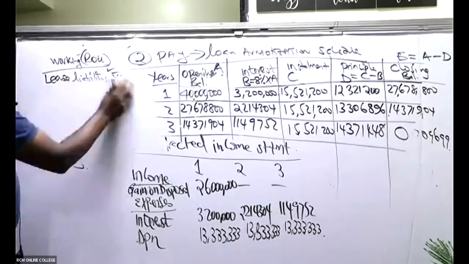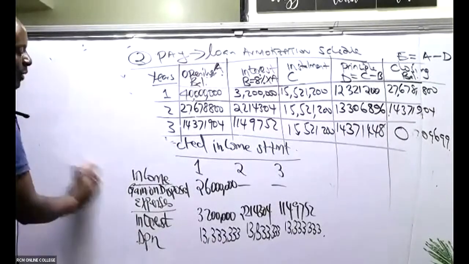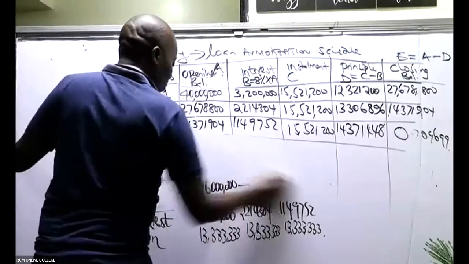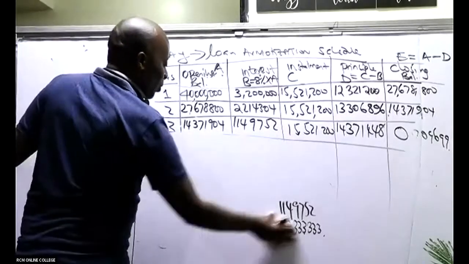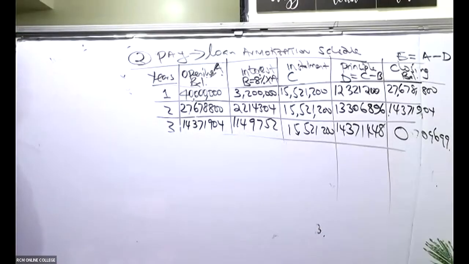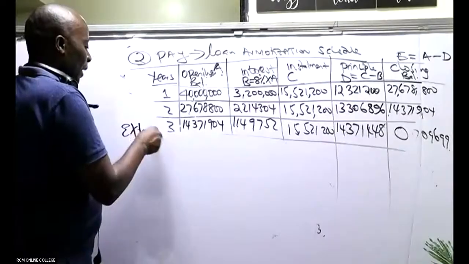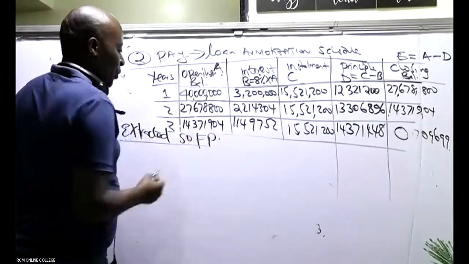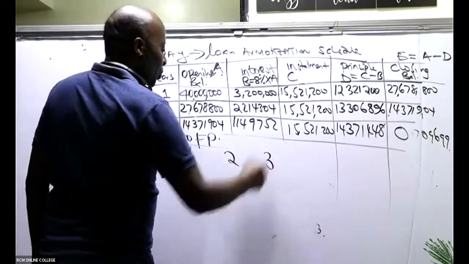All right. So the last one, now that is number 4. The last one, number 4, now you'll be able to give us an extracted statement of financial position. So remember, we have our years 1, 2, 3.